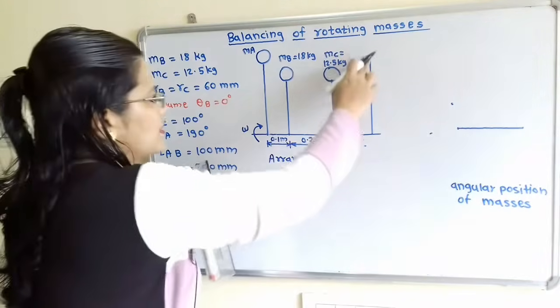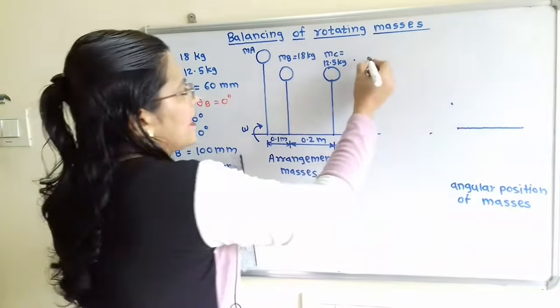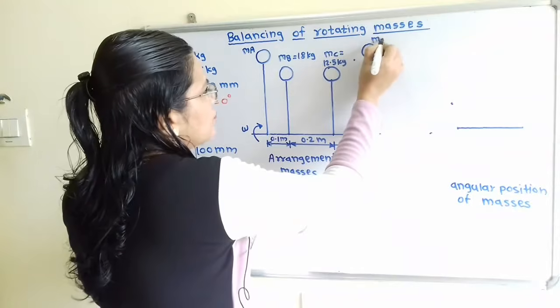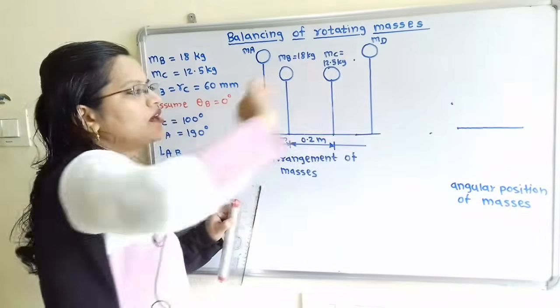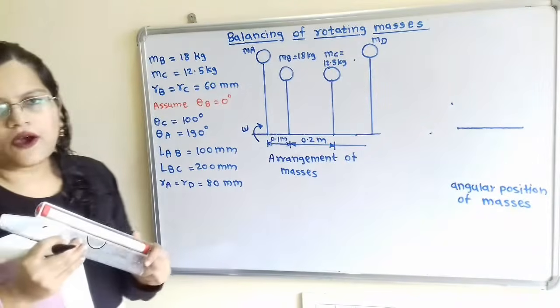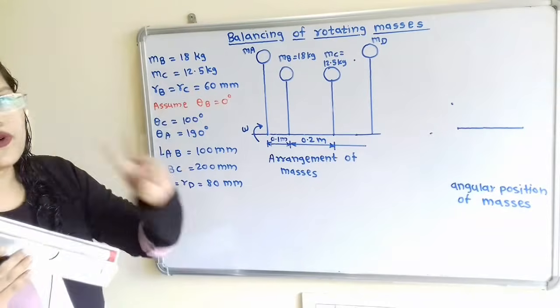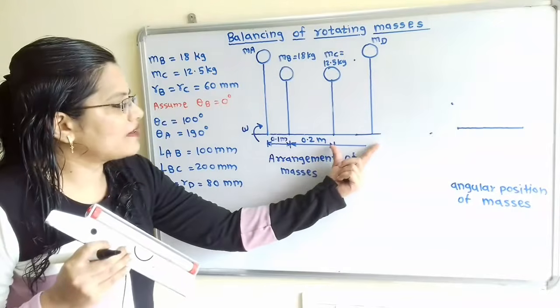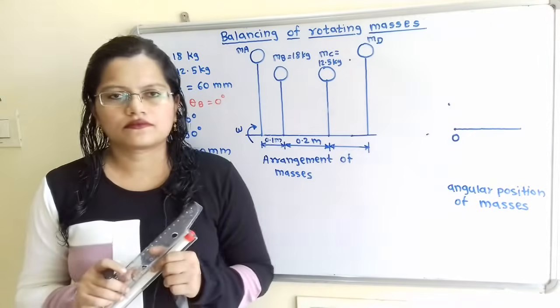So we have to draw this line as a 8 centimeter and we will show here the mass MD. Now this mass MD is not also mentioned. Now from this question we have to find out two masses, that is MA as well as MD, and we have to find out this distance.